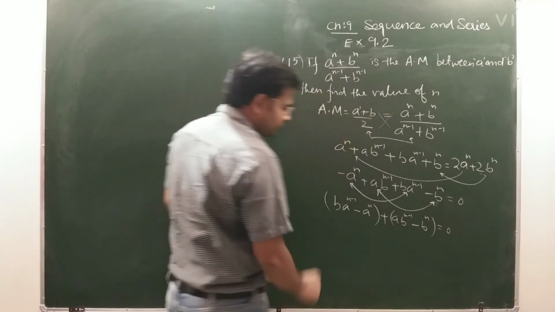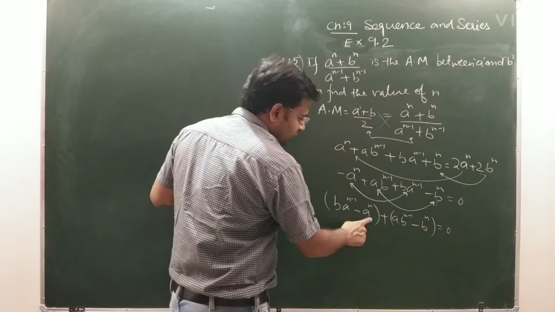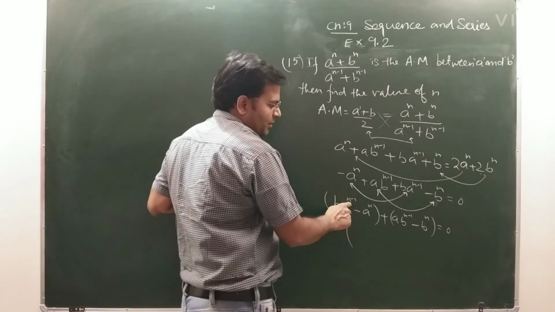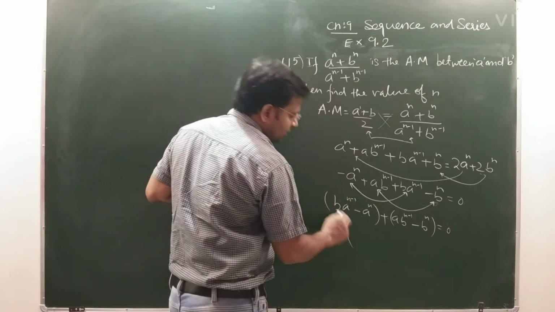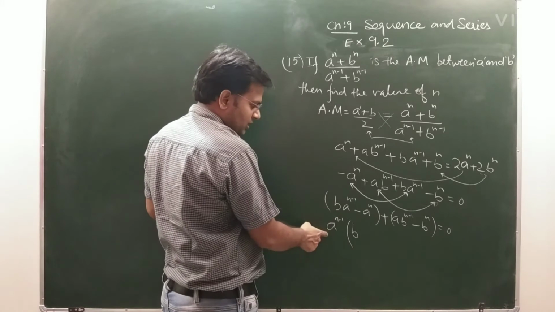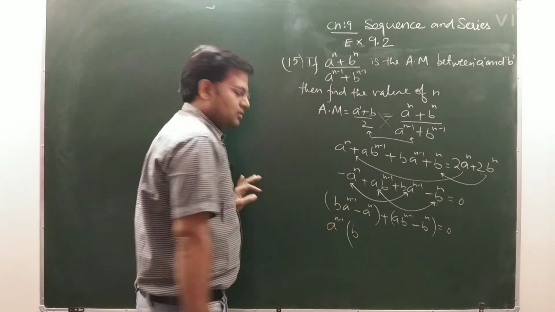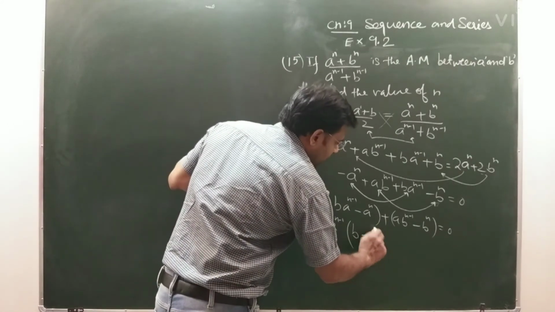This is equal to 0. Now from this bracket you see what is common. So common is a^(n-1), because a^(n-1) is the smaller one. So a^(n-1) is common, and from here it is b.